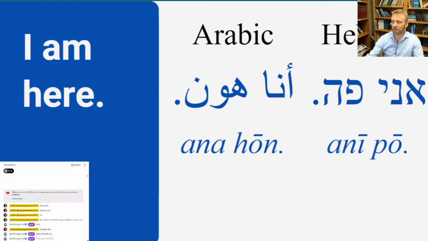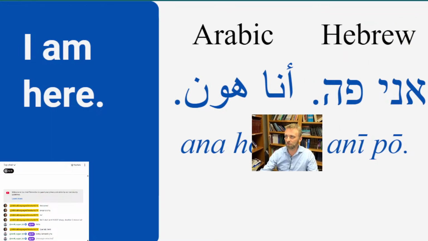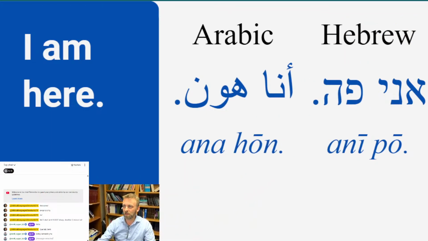And I'm going to move myself out of the way down to here. So in Hebrew we have ani po, and in Arabic we have ana hon. As always, feel free to add your questions as we're going through.